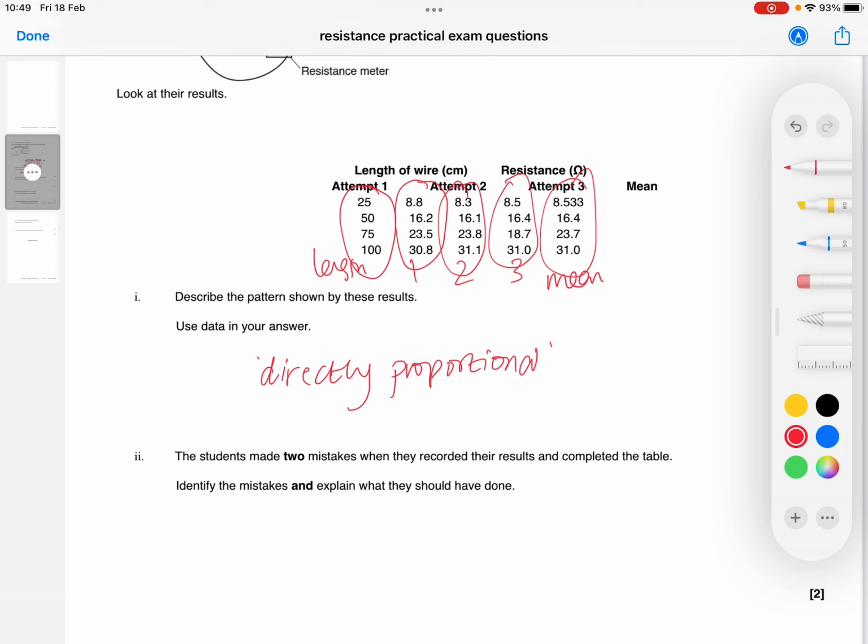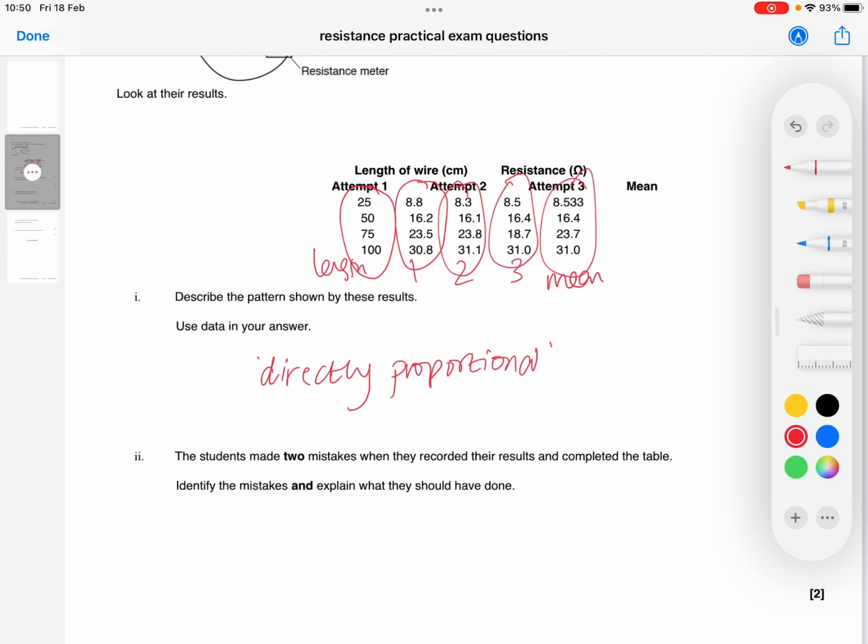So if we have a look, for example, at the length of wire. If I double the length of wire from 25 centimetres to 50 centimetres, let's now compare that to the mean resistance. The resistance goes up from 8.5 to 16.4. That is effectively double. So I've doubled the length by going from 25 to 50, and the resistance has also doubled.